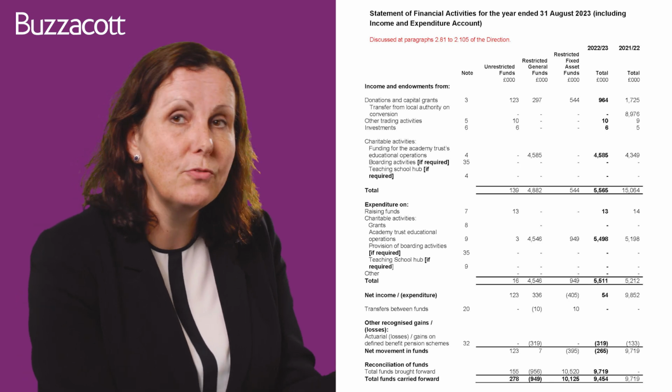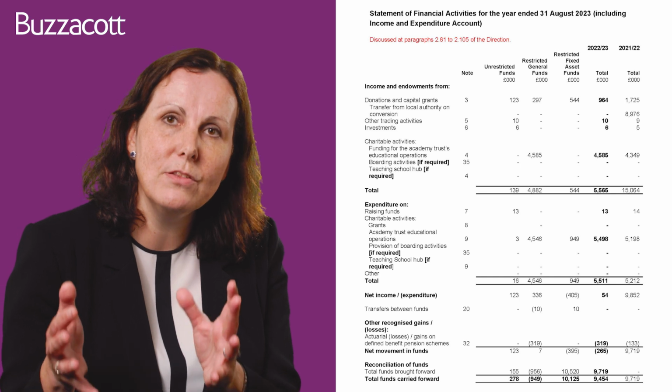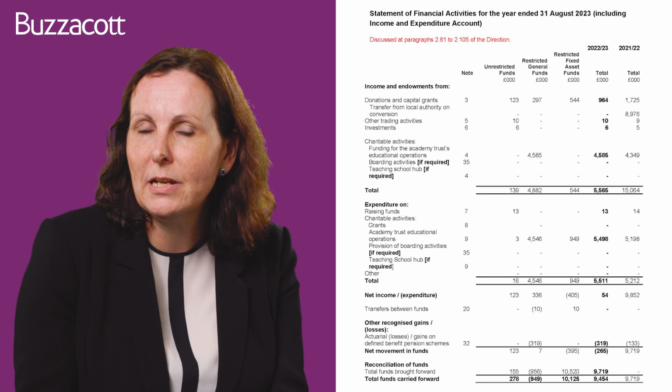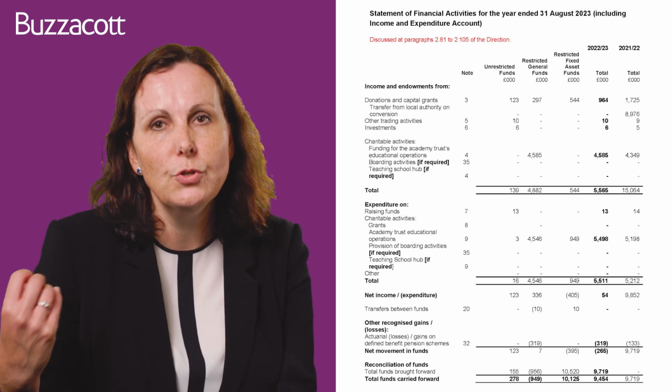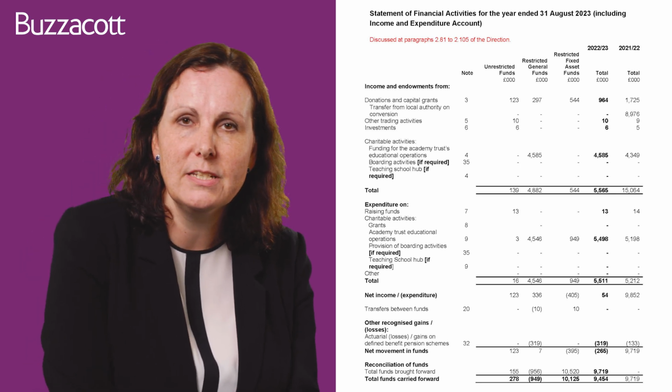And therefore the aim of all of this is that all of your capital assets are held within the restricted fixed asset fund, which then means you can ultimately reconcile your total fixed asset fund balance to your carrying value of fixed assets on the balance sheet.